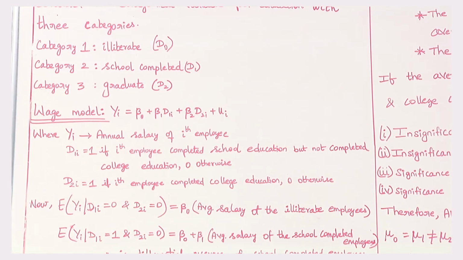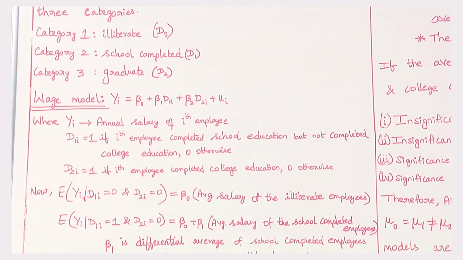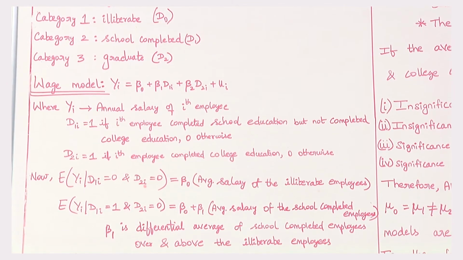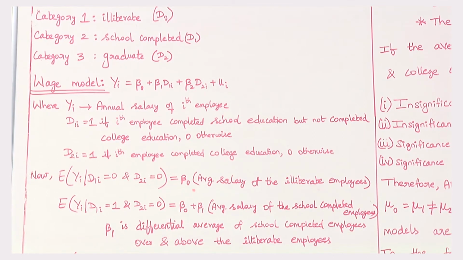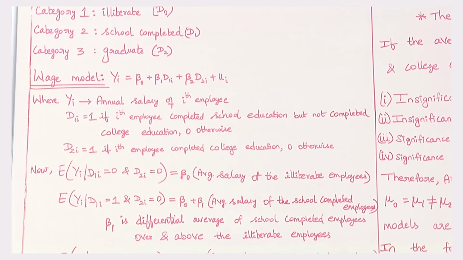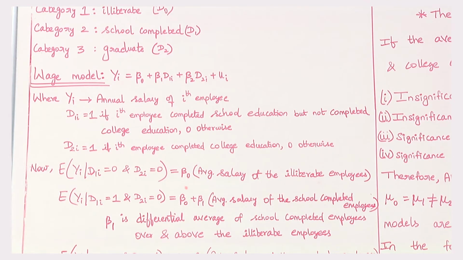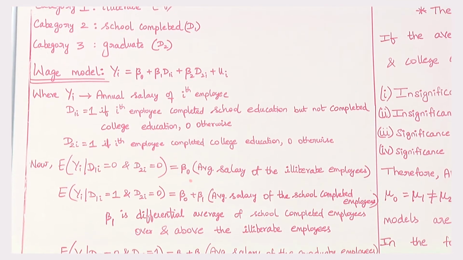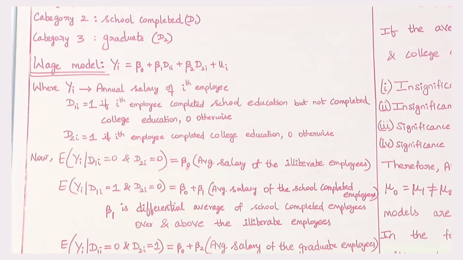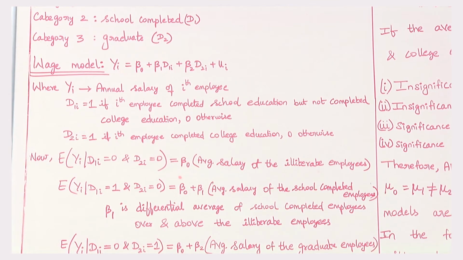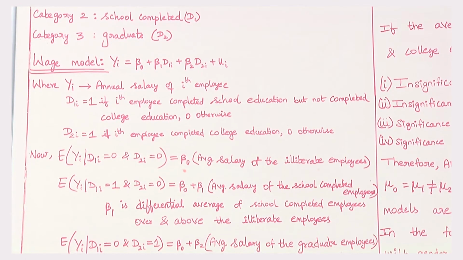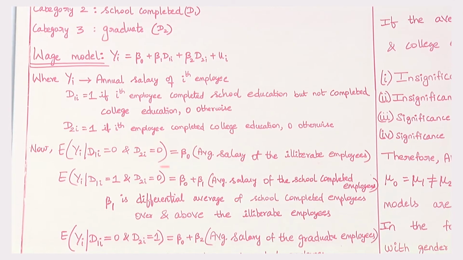If this is the case, the conditional mean of yi given d1i equal to 0 and d2i equal to 0 is equal to beta 0, the average salary of the illiterate employees, because beta 0 is the conditional average of the base category employees. Here the base category is illiterate employees, because the dummy variable for them is not included in this model.